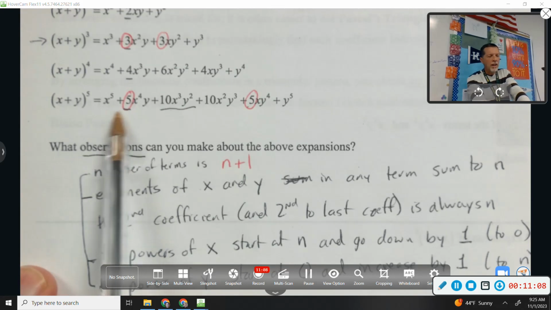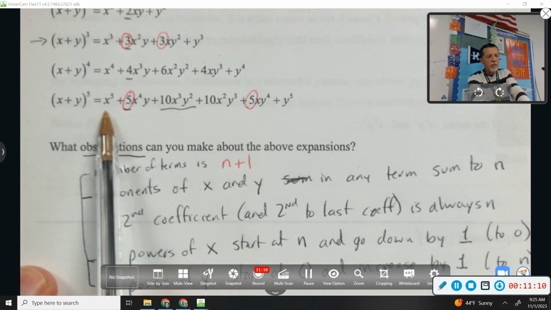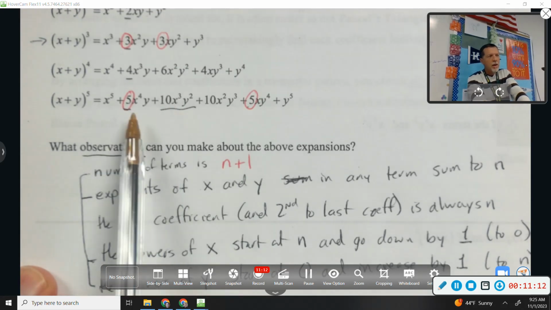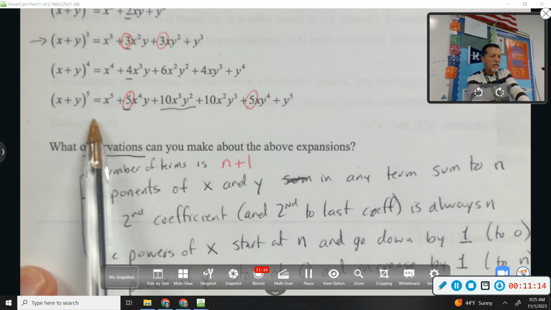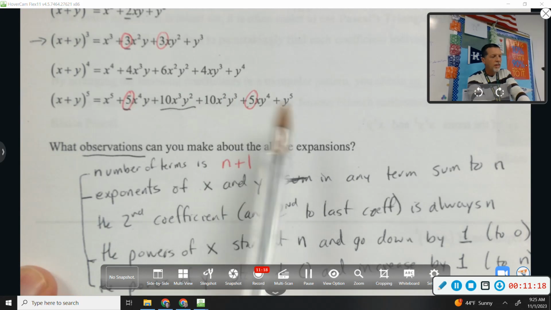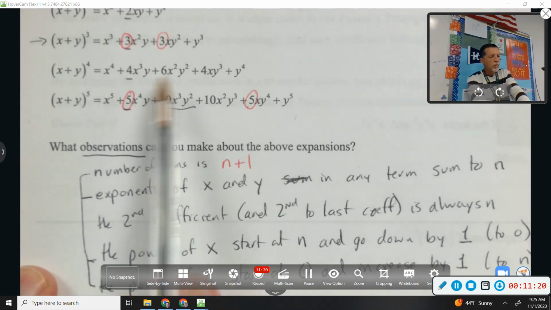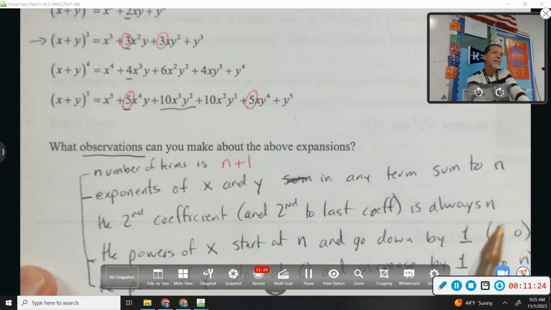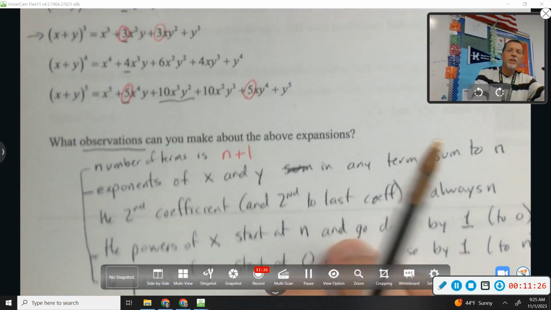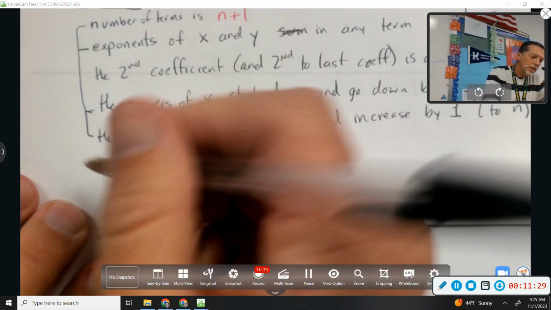We don't know yet how you get from 1 to 5 to 10. But look at all of those coefficients. 1, 5, 10, 10, 5, 1. 1, 4, 6, 4, 1. What's that? They mirror. That's a good word. I was going to use a fancier math word.